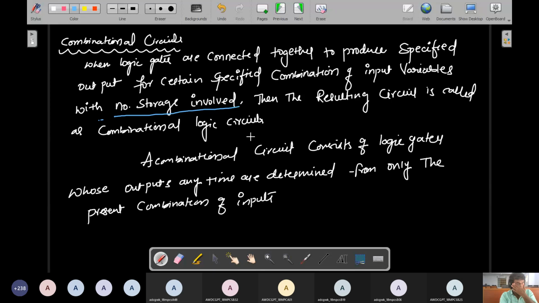Right now, in our new generation calculators, there are external storage devices placed inside so that previous data is stored. But in old calculators, whatever input you give, the final output is shown on the display, but nothing is stored inside the device. So calculators are the best example of combinational circuits.